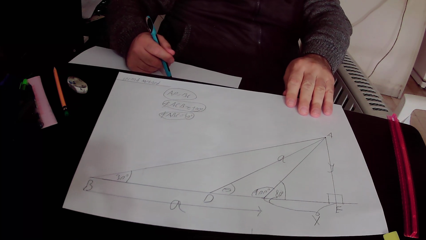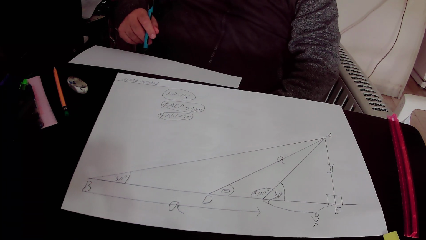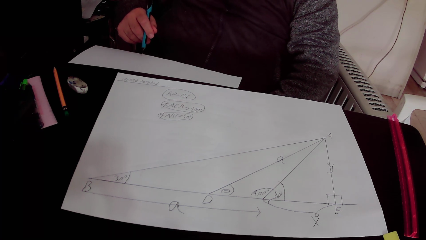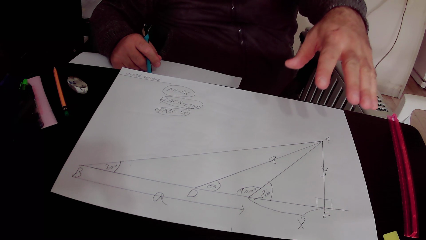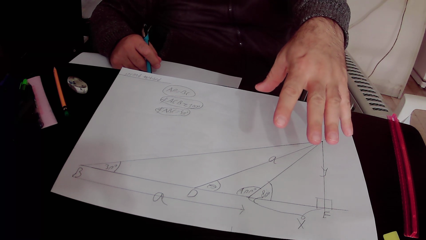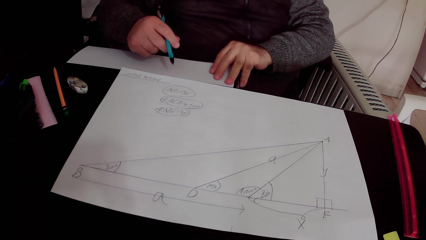So in the next step, we will focus on triangle ABE, the right triangle, triangle ABE.